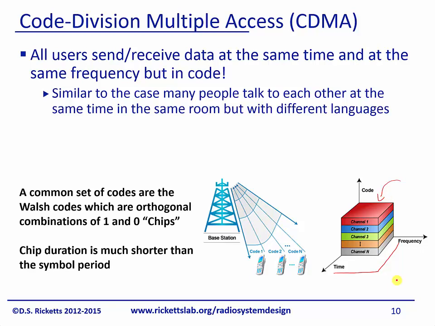These codes are combinations of ones and zeros, and a Walsh code is a common type of code that is used, and they call these codes chips. The chip duration is usually much smaller than a symbol period. You can go out there and Google Walsh codes and chips if you want to learn more, but the basic idea is there's a specific coding that we're using to code up each one of these.